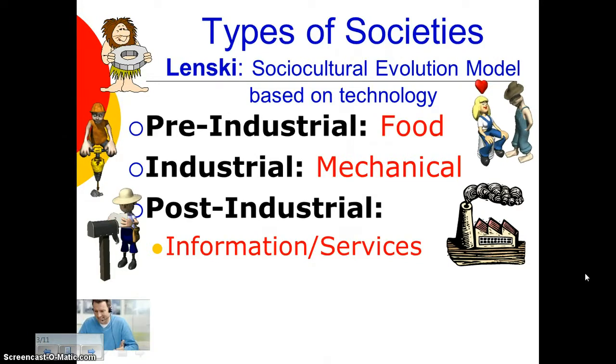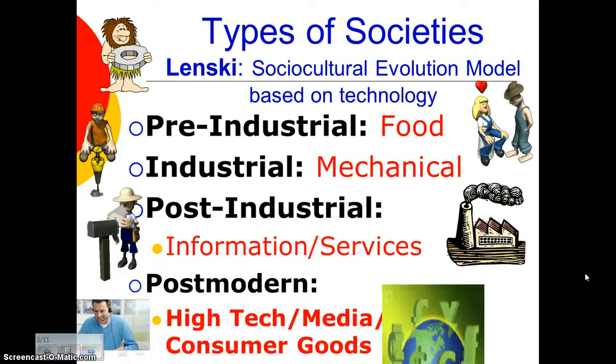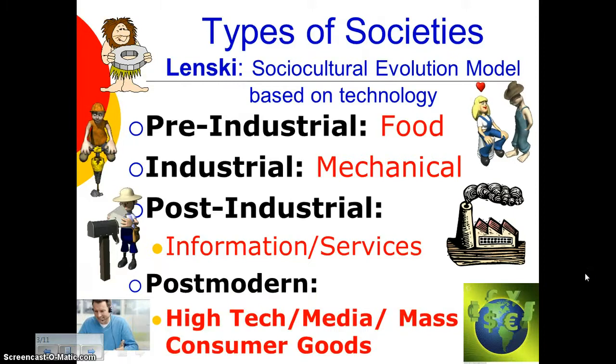And then the last type. Lenski ended it there, but other sociologists believe that from essentially the latter half of the 1970s and on, so the 1980s, 90s, and so on, we've gone into what they call a postmodern society.